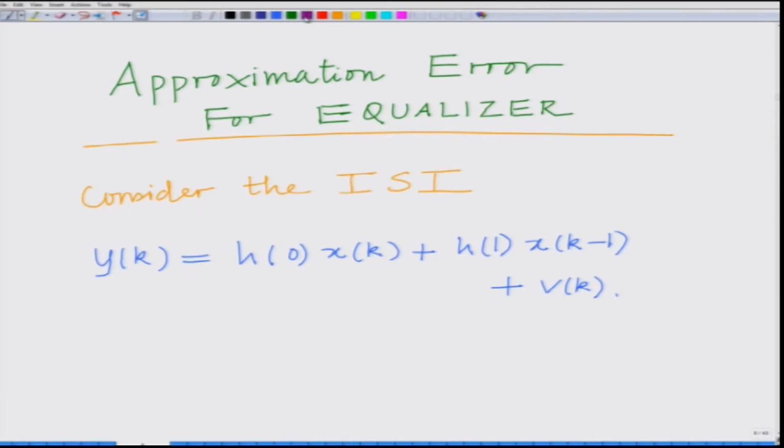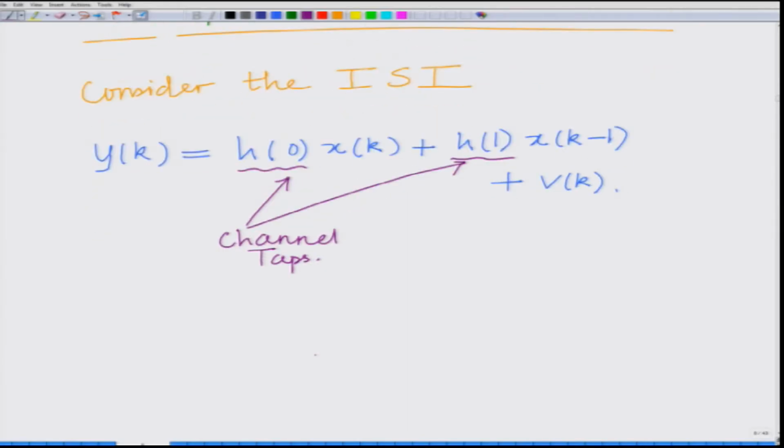And these two coefficients H0 and H1 are known as the taps of the channel. So, we have H0, H1 which are the channel taps, and we have L equal to 2 channel taps.